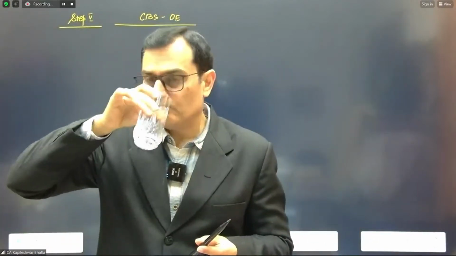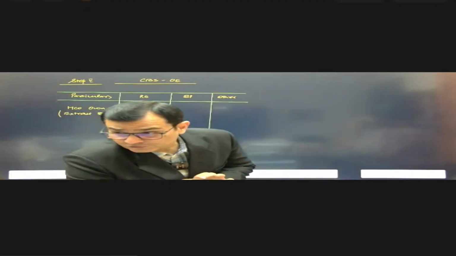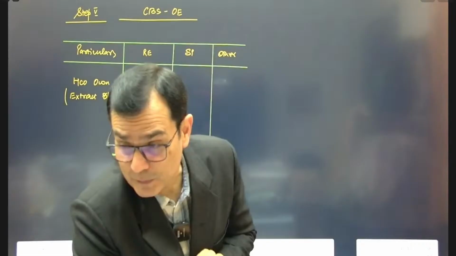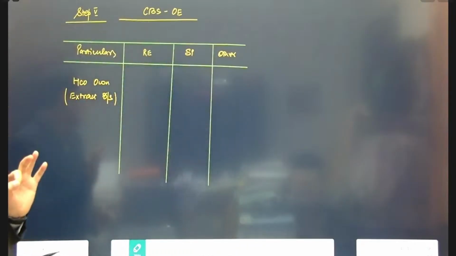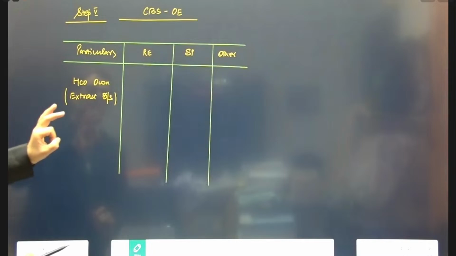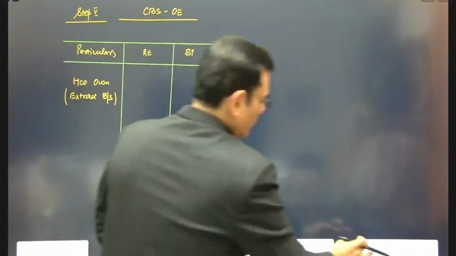Again, we're going to make an extract of SOFP to get the figures correct. We need to get this figure from the extract balance sheet, so let's go to the extract balance sheet.